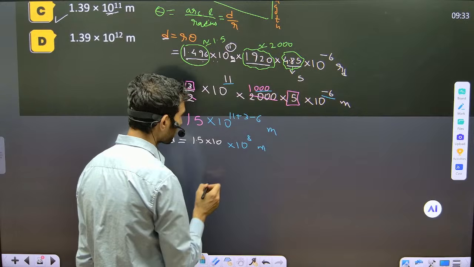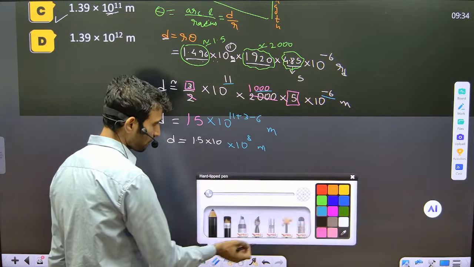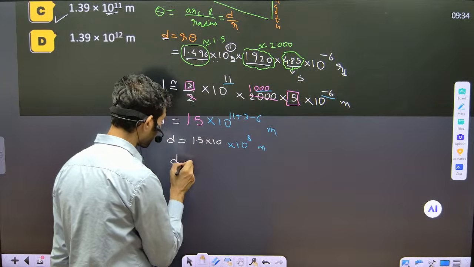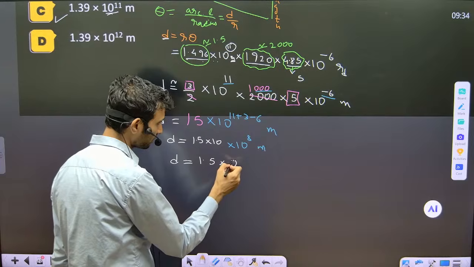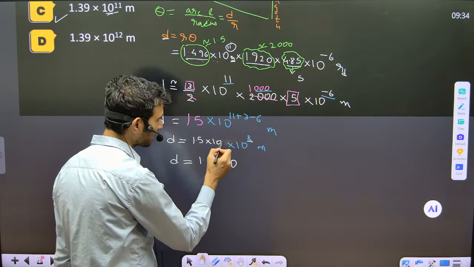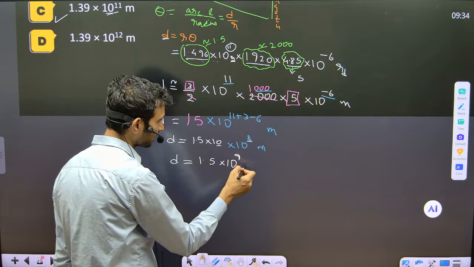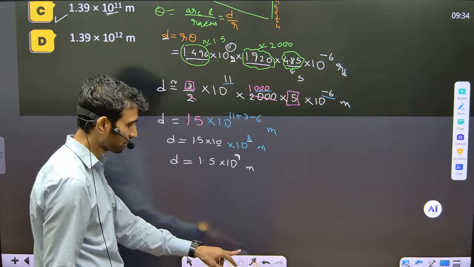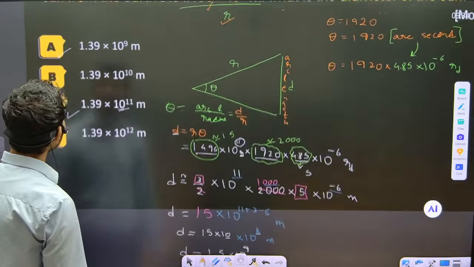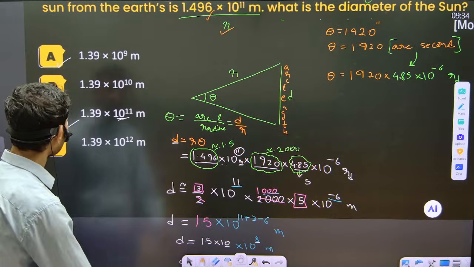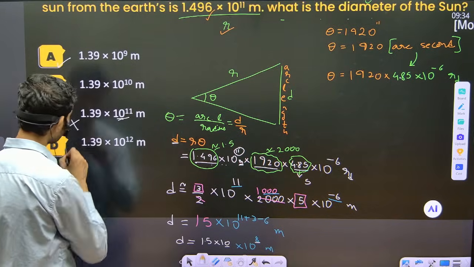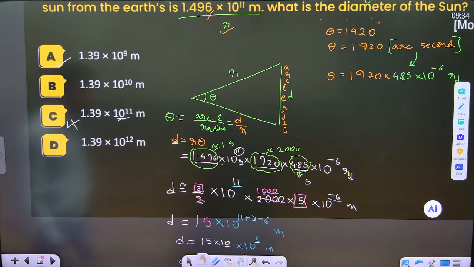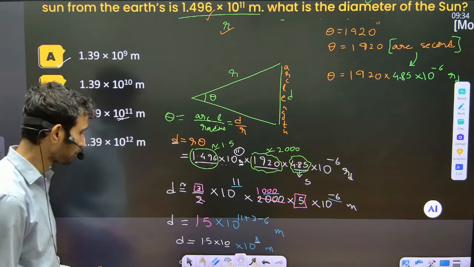Meter. And then what are we getting as the answer? D is coming out to be 1.5 into 10 raised to the power 8 and 1 combine to make 9, right? And we're getting the A option, right? Not the C option. You can take down the crude calculations, those who are asking for it.